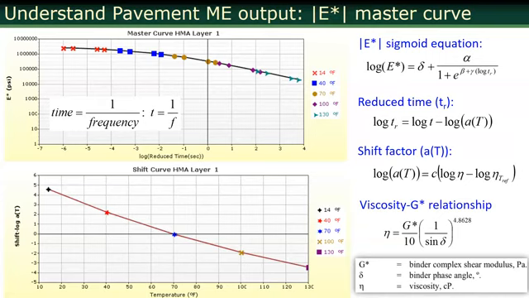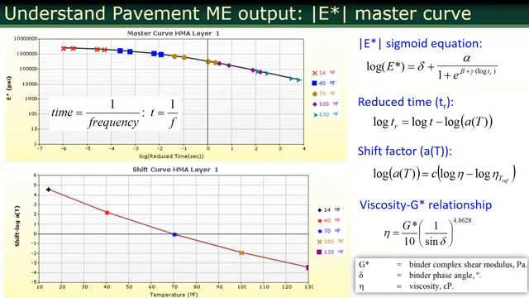Now, this equation is somewhat empirical, because theoretically, for pure linear viscoelastic fluids, this component doesn't exist. It is only G star divided by the frequency of testing. This is 10 because we run the test at 10 radians per second. But some binders are nonlinear in nature, and because of that, this was a better relationship that they came up with.